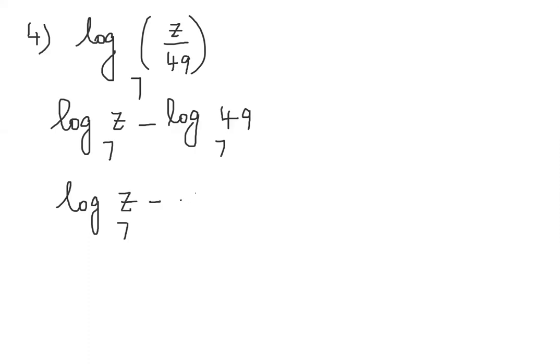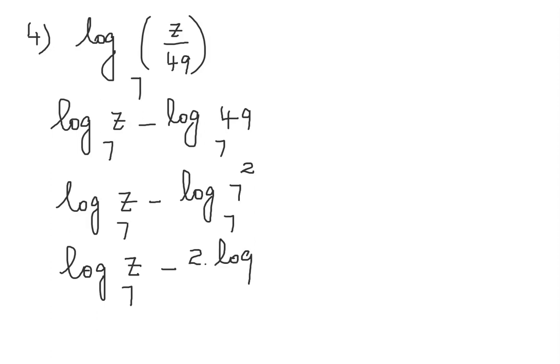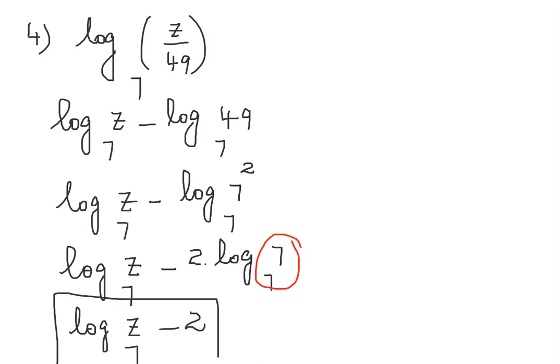I can write 49 as 7 squared with base 7. And remember the power property, you have to bring the 2 to the front. And we know that if these are the same, it's going to be 1. So it's going to be 2 times 1, it's going to be just 2.